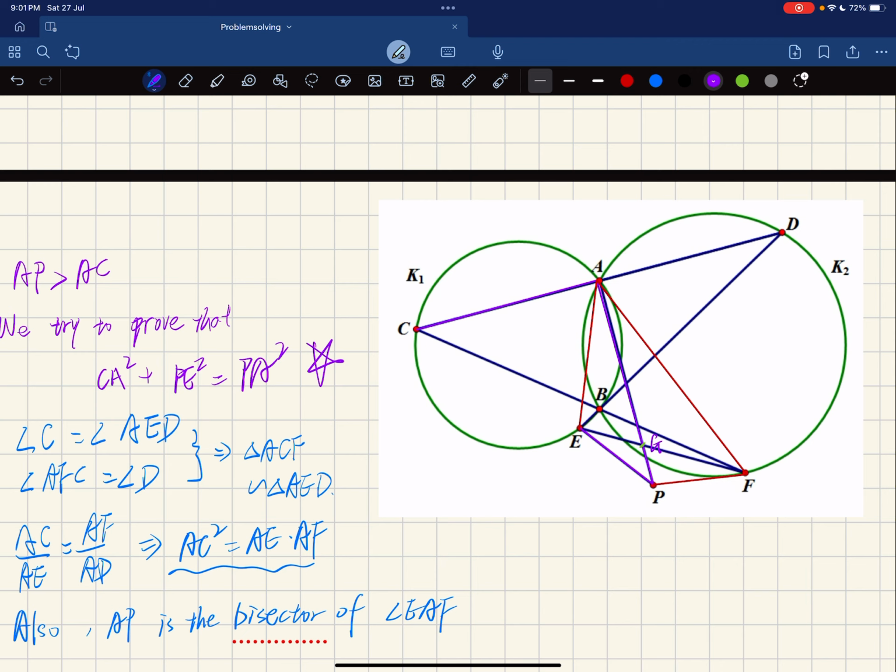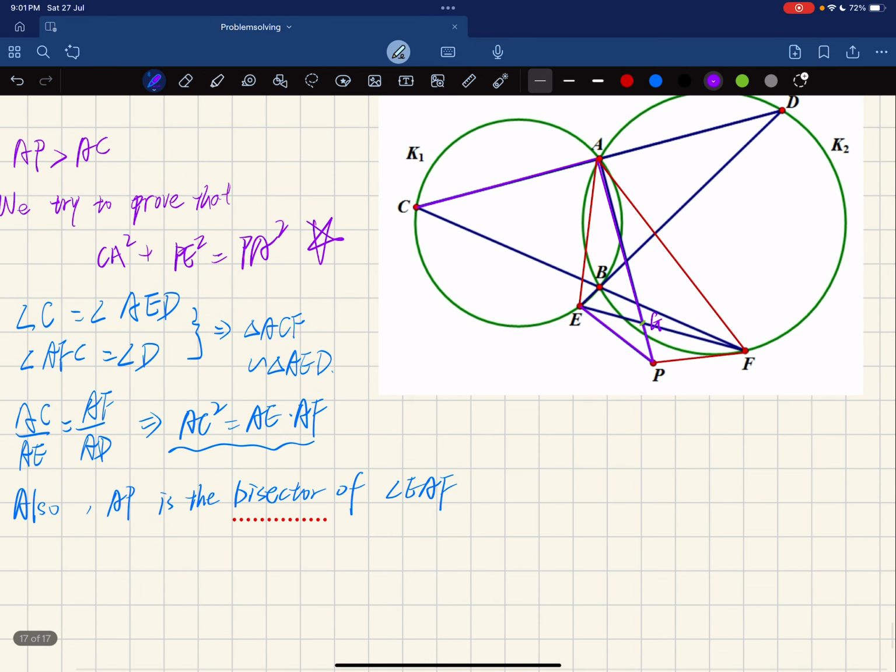Right, so that's our aim, to find out the connections between PE and PA. So how can we prove that there exists a pair or two pairs of similar triangles, PEG and PAE, and PFG and PAF? What is it equivalent to?